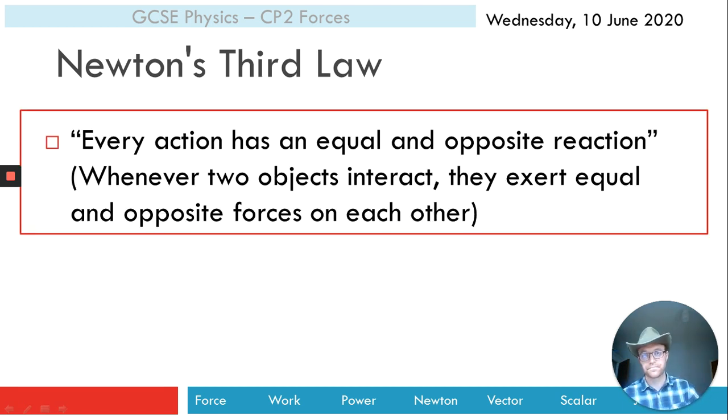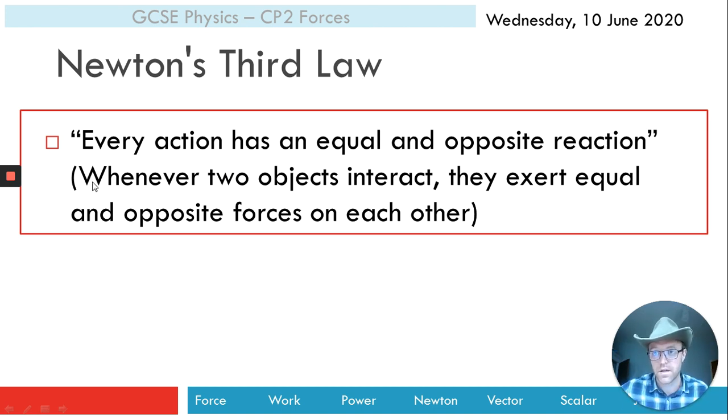Newton's third law. Often it's shortened down to every action has an equal and opposite reaction. If that makes it easy to remember, you can remember it like that. However, because we're physicists, because we're scientists, we like to be precise. And this, every action has an equal and opposite reaction, doesn't tell us that it's acting on different objects.